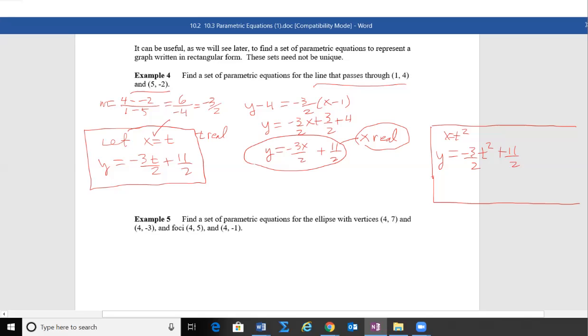We don't have them over here anymore. You can't get them because t is never negative. X is never negative here because t is squared. So you've lost it. This wouldn't give you the full curve. It would give you part of it, but you would be losing those values for which t was negative. They would not give you anything different. So this wouldn't be a good choice.